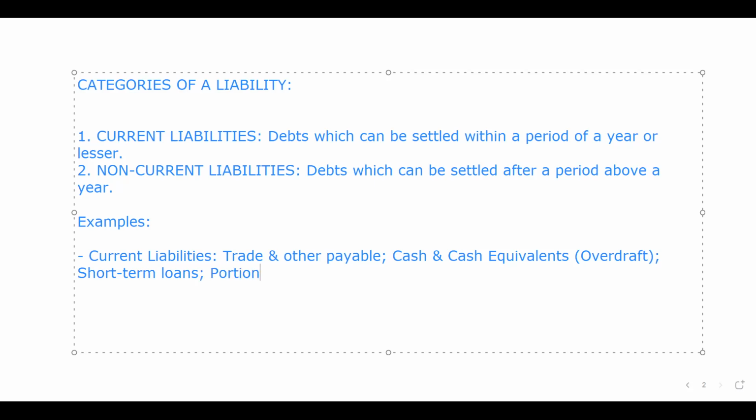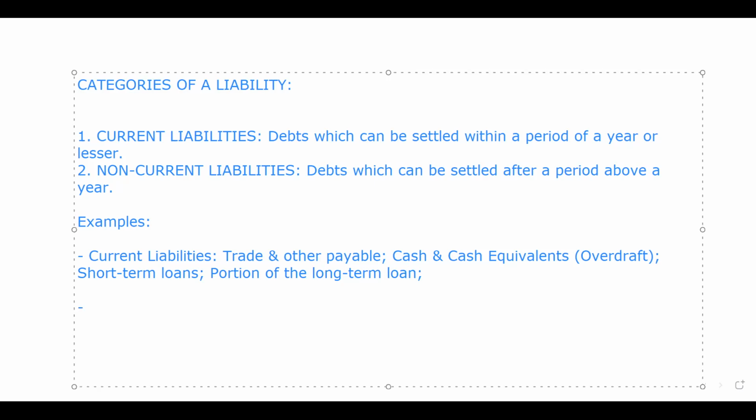You can have short-term loans, which are repayable within a period of less than a year, but you can also have a portion of a long-term loan which is repayable within a year. So it also falls within the category of current liabilities.